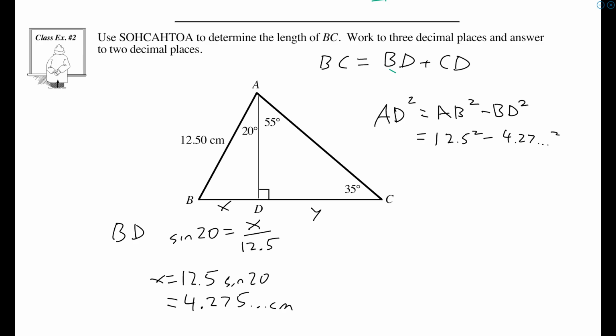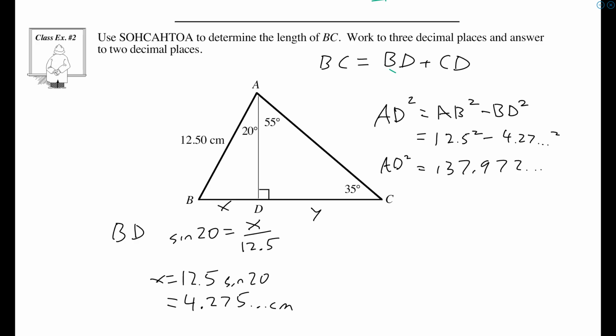Now that I'm realizing I have to square this and do the subtraction, I'm going to carry my whole answer through and use as much information as I can. So 12.5 squared minus the answer from the second step, squared. AD squared is 137.972, and so on.